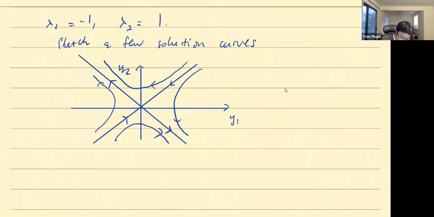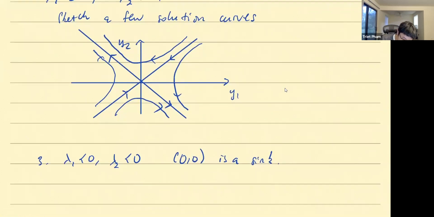The last case is when both of them are negative. All right. So in this case, 0, 0 is a sink. And then let's suppose, let's say lambda 1 is -2, lambda 2 is -1. I think let's change it. Let's do -1, -2.